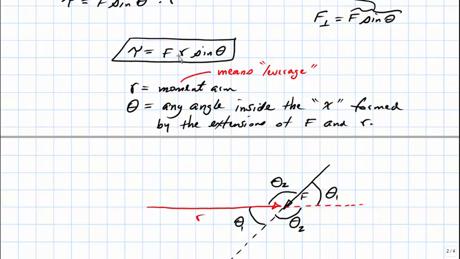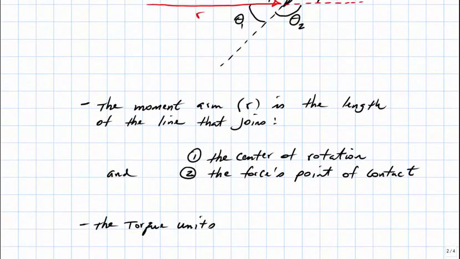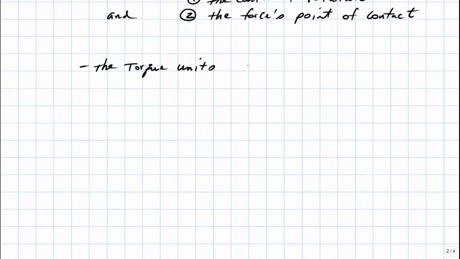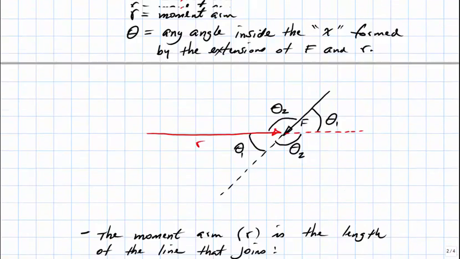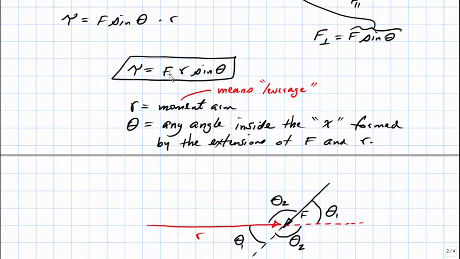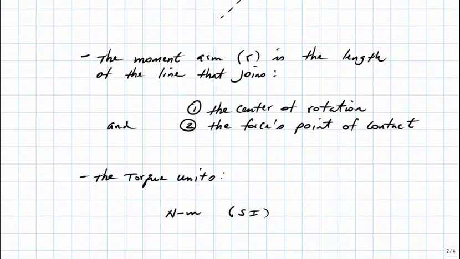So the SI units for torque are the Newton meter. And in the British system, force is represented by pounds, and R, which is length, is measured by feet, and so the foot-pound is the unit for torque in the British system.